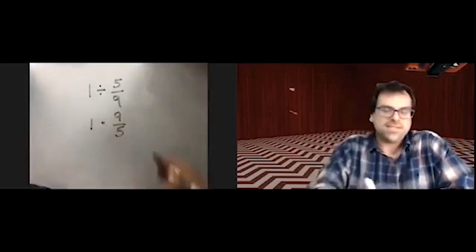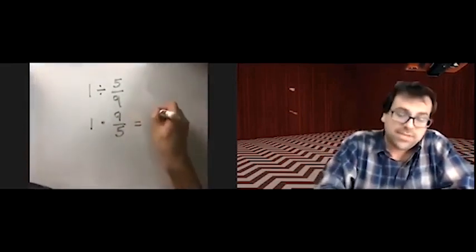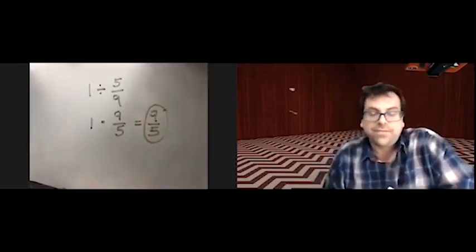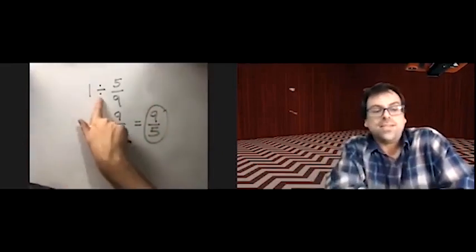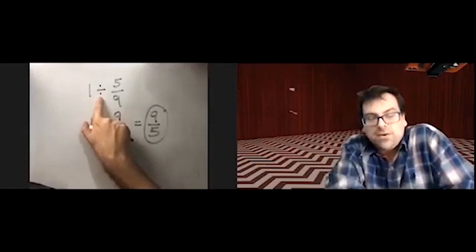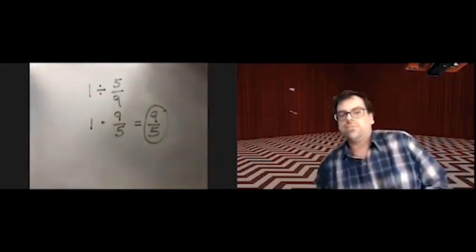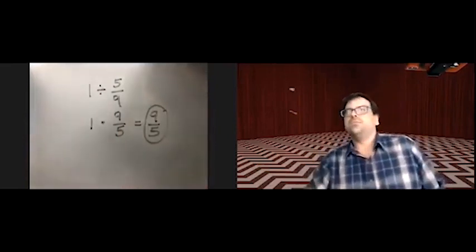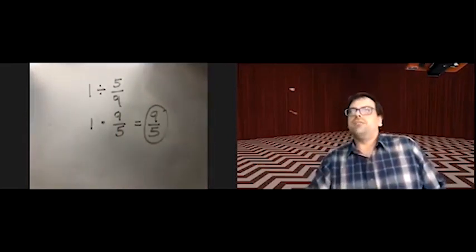What is 1 times 9/5? 1 times is itself. Our answer would be 9/5. Notice 1 divided by is not itself, it's the reciprocal. We did 1 divided by 5/9 and we got the reciprocal of 5/9.